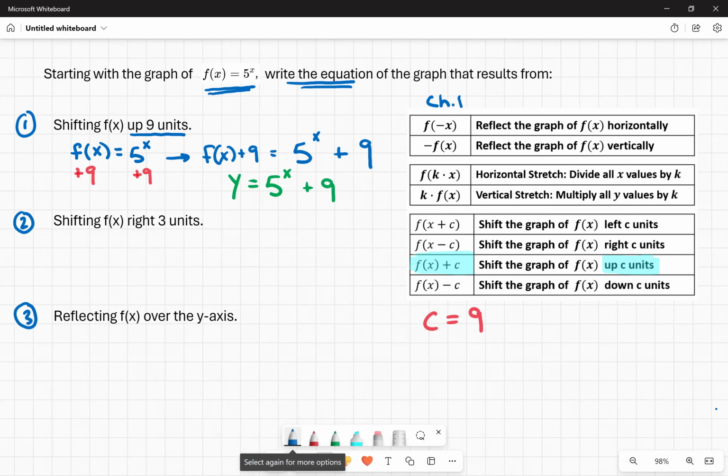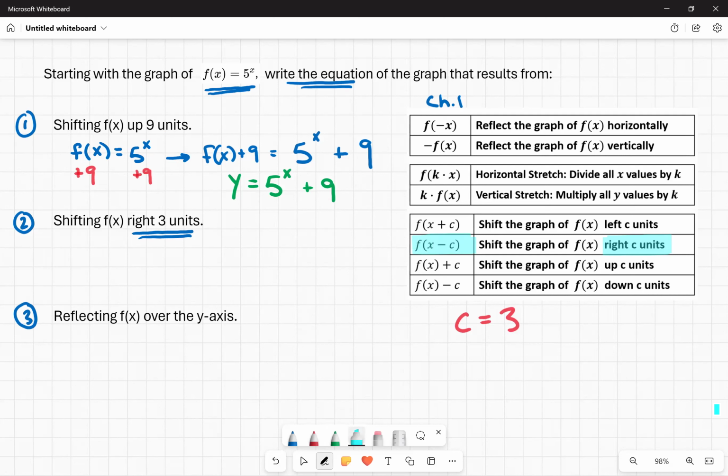Okay, next one, shifting f of x right by 3 units. All right, well, looking over here at this table, right c units. Well, in this case, the c is equal to 3, because we're going 3 units to the right. Well, that's a result of f of x minus c.